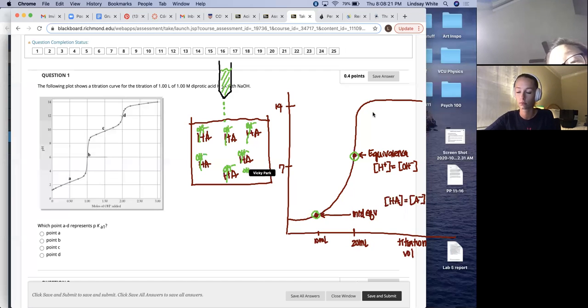If I add an extra OH minus, this OH minus is going to now pair up with an indicator. When it pairs up with an indicator, it will change color. And that is this point right there, and that's called the end point.